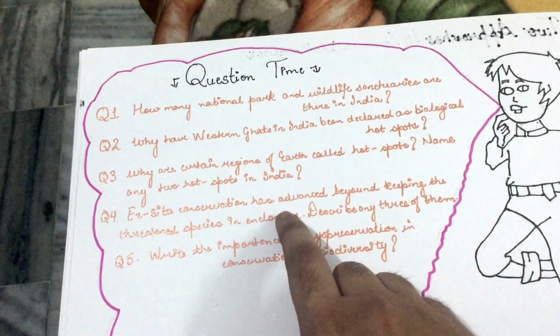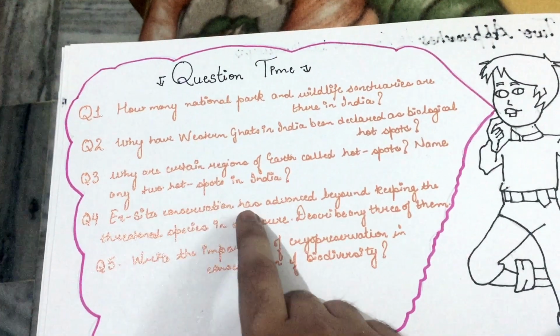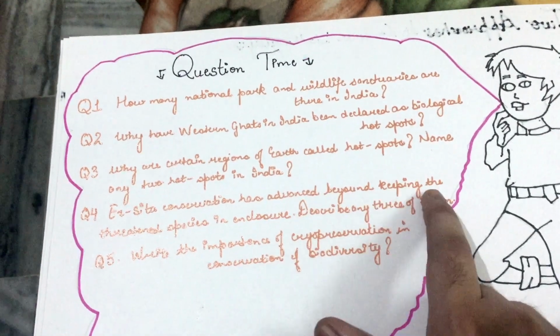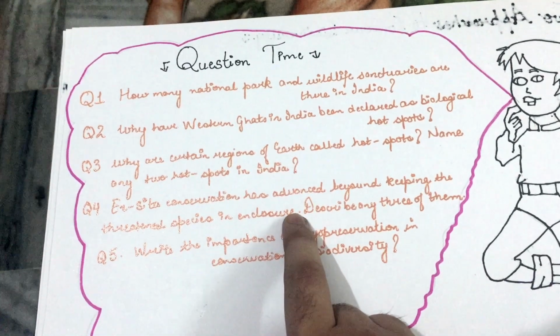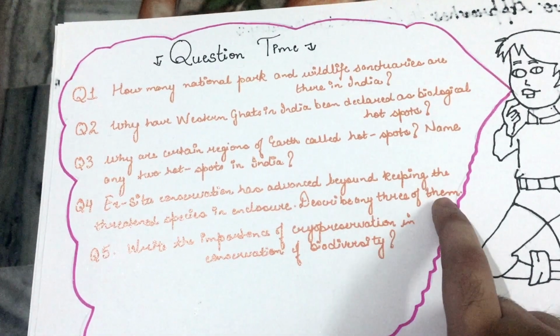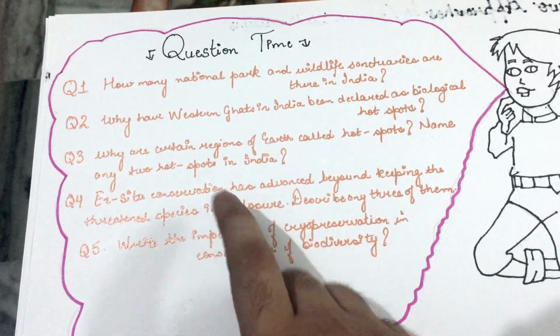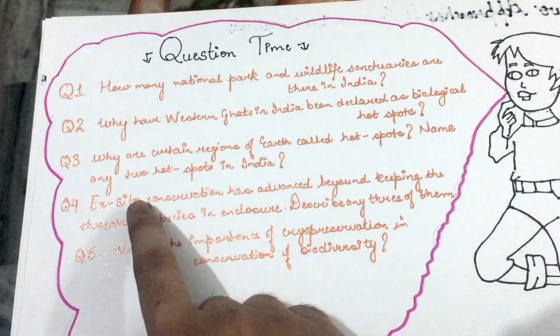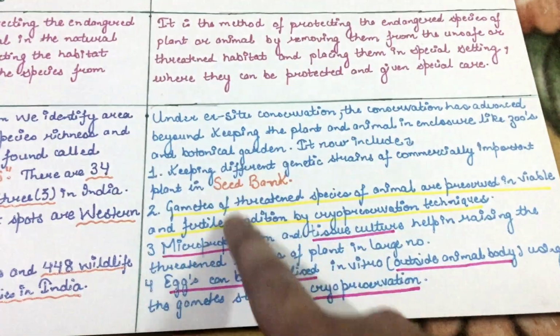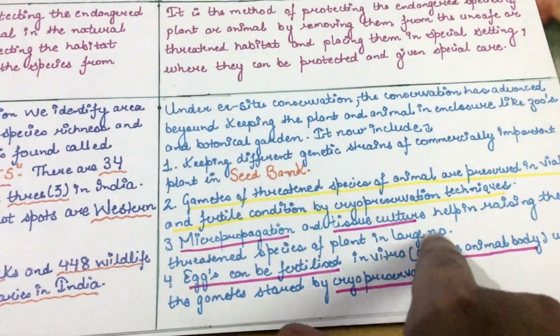Now, the fourth question asks: ex situ conservation has advanced beyond keeping threatened species in enclosures. Describe any three of them. So, here you have to describe the four new techniques of ex situ conservation.